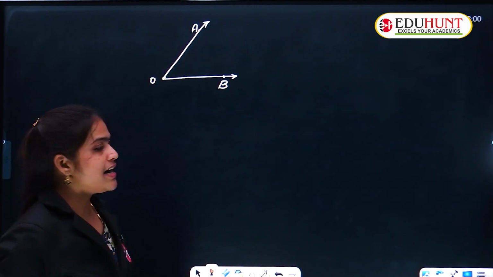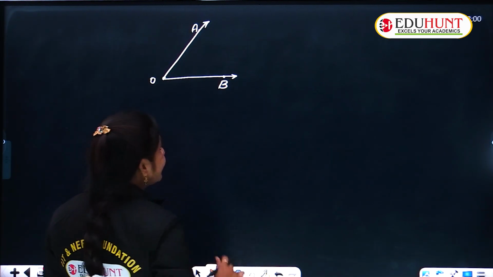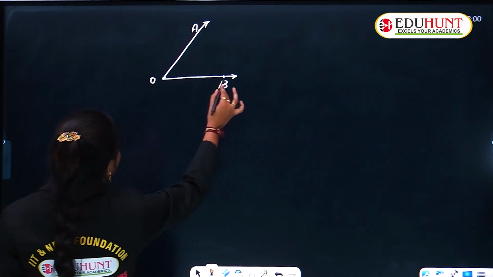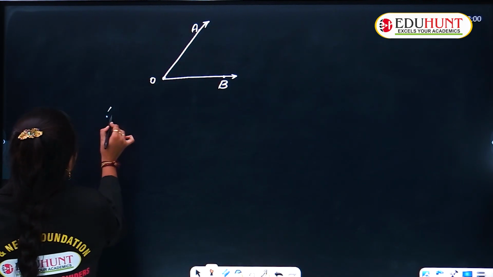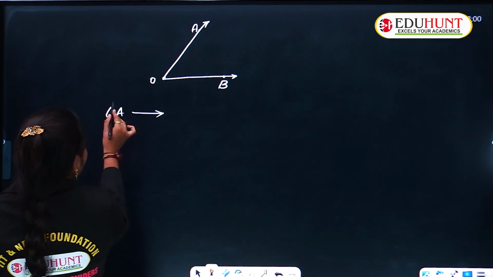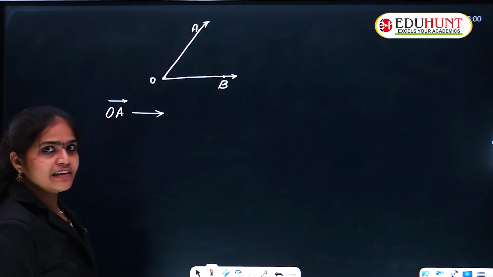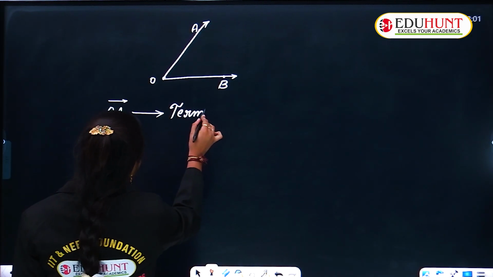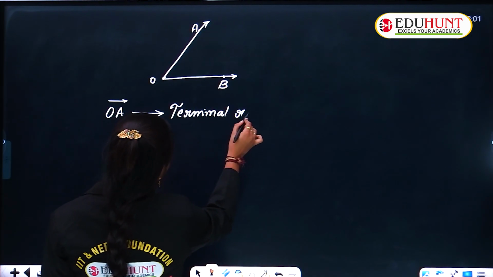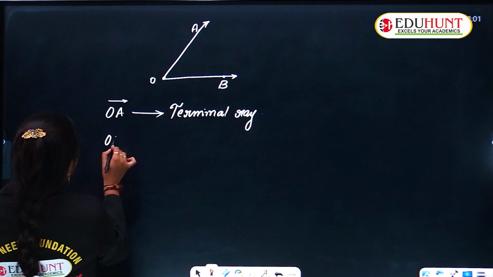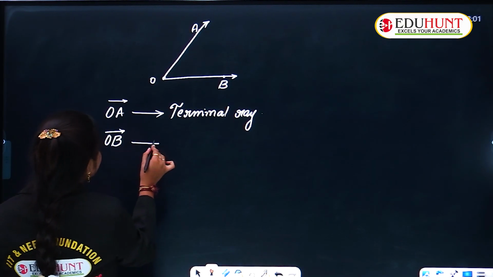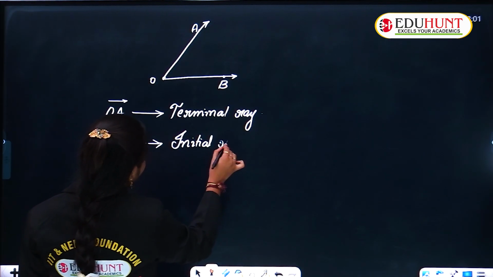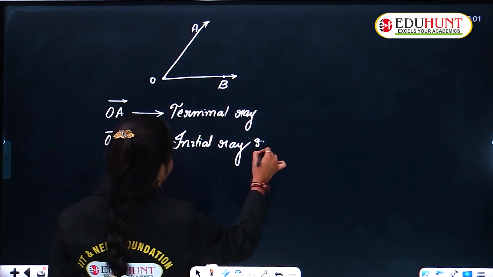Now, parts means OB is called the initial ray. OA is called the terminal ray. Already I told you how to represent rays. OB is called the initial ray or fixed ray.